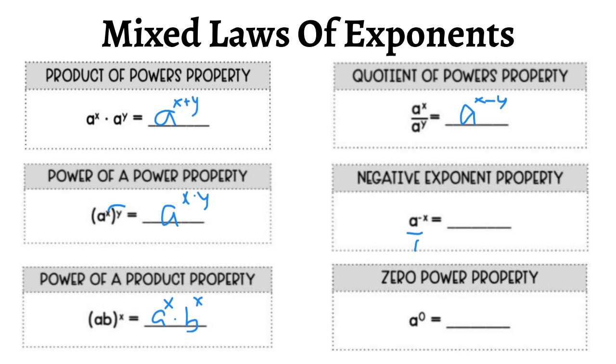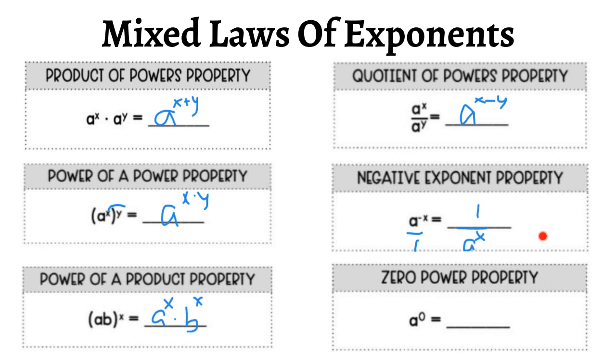And a to the negative x is in the numerator. So to change this to positive, we're going to do the reciprocal: 1 over a to the x. Notice how a to the x is now in the denominator. So if we wanted to change a negative exponent, you're going to want to flip it by putting it in the denominator.